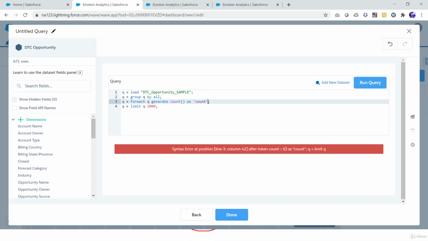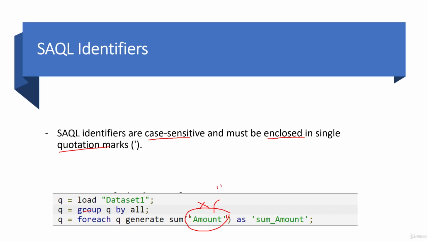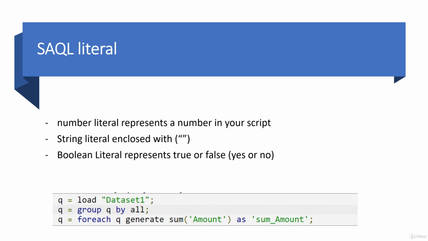In the same way, I'll have some kind of literals. For example, I want to get the opportunities with stage as closed one. So closed one is nothing but a literal for me. How can I write that literal? I have different kinds of literals: number literal, string literal, boolean literal. Each literal we can use in double quotes.